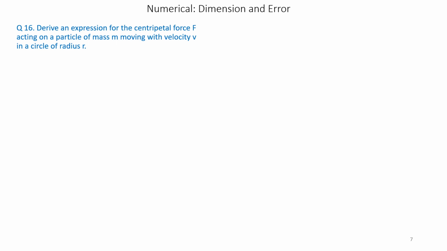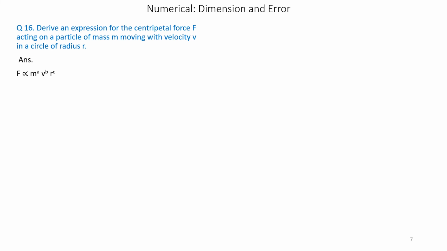Question number 16. Derive an expression for the centripetal force F acting on a particle of mass m moving with velocity v in a circle of radius r. Answer.